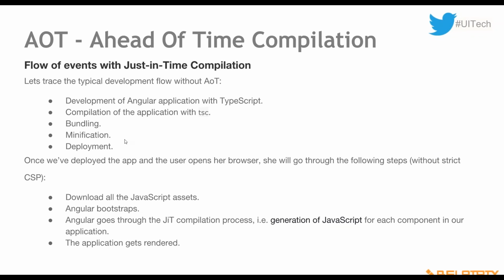Angular will bootstrap the application, and then it goes through the just-in-time compilation process, the generation of JavaScript for each component in our application, and the binding of the templates, etc. So if we have some errors in our templates, let's say we have a typo in binding to the component, we'll see the error here at this time. So we need to go through all of this and get to this point to get the error. So if we don't have the error, the application gets rendered.